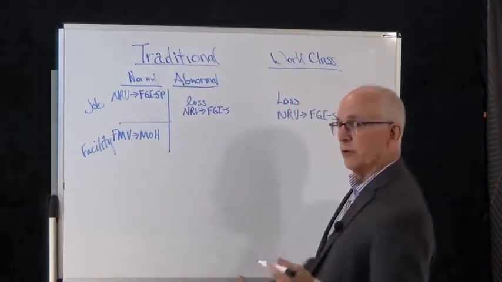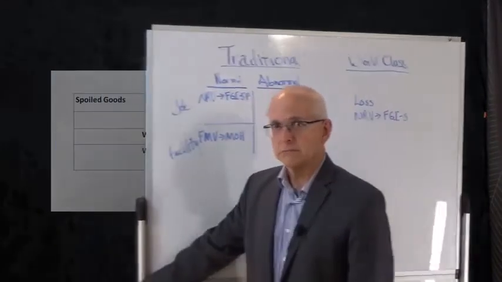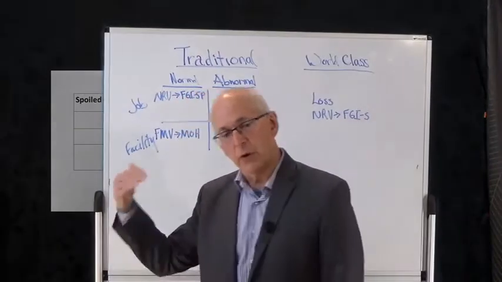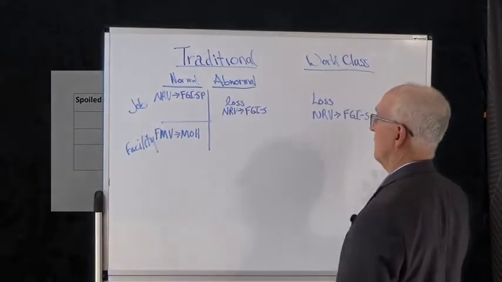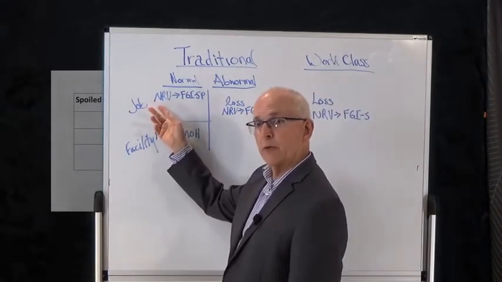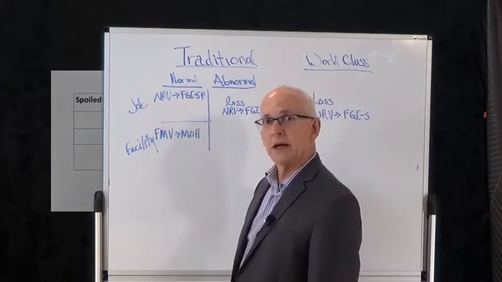So here we are. We had the journal entry that was posted in the book. Then, just a few minutes ago, I wrote another journal entry out. Now let's look and see which journal entry we're talking about here. Well, actually we're talking about this one. Net realizable value is what we can sell it for, and we've transferred it to FGI.